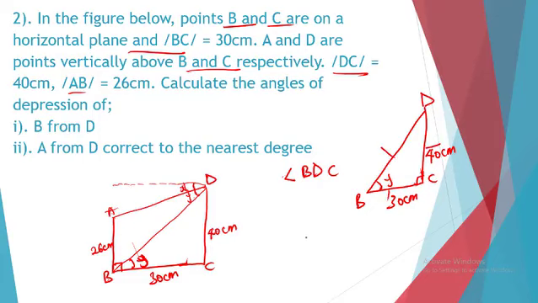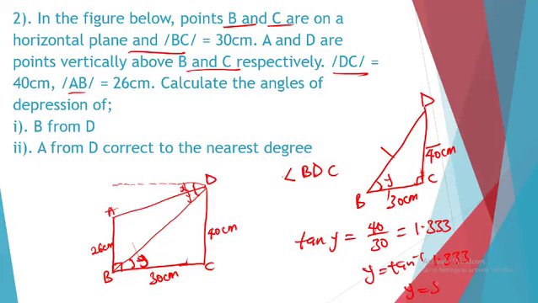So we are dealing with opposite and adjacent, which is tan Y will then be equal to 40 over 30, which is equal to 1.333. Okay, then Y is equal to tan inverse of 1.333. Okay, and then our Y will give us 53 degrees.